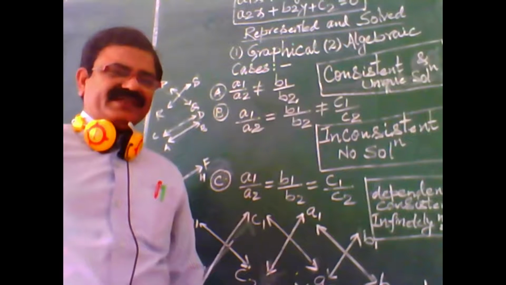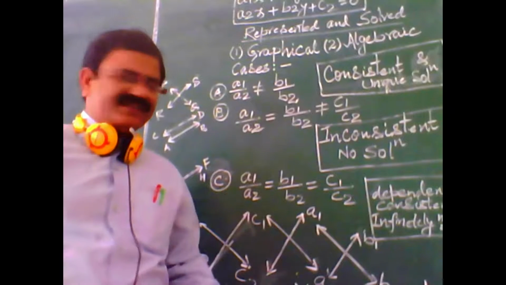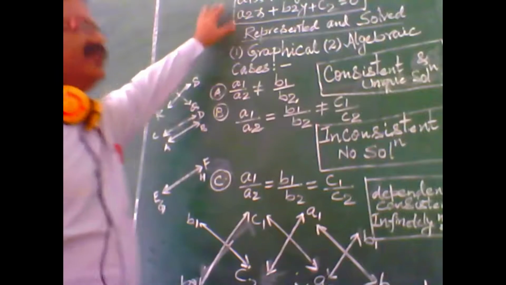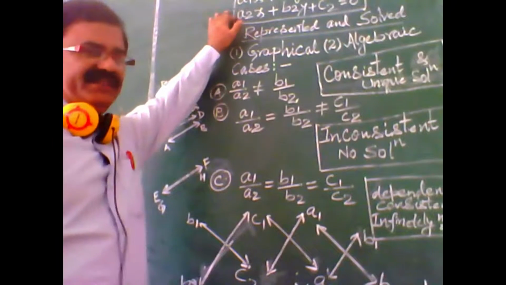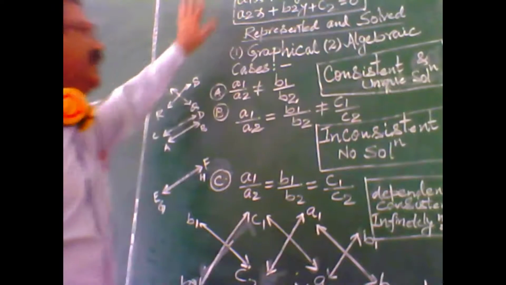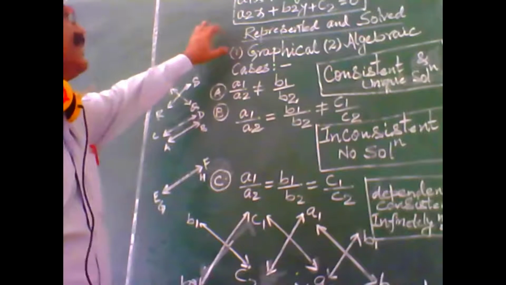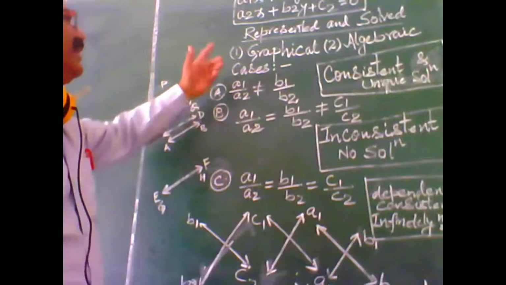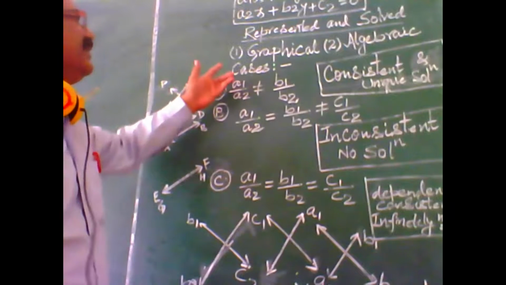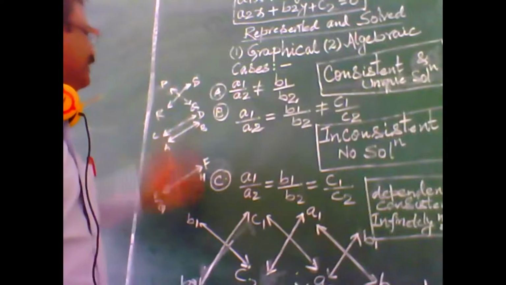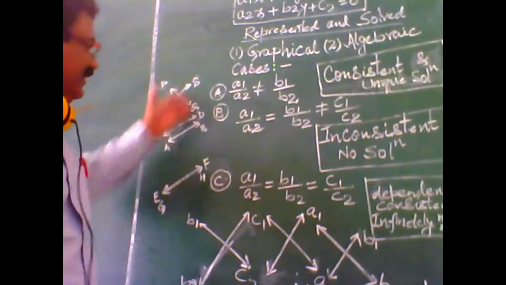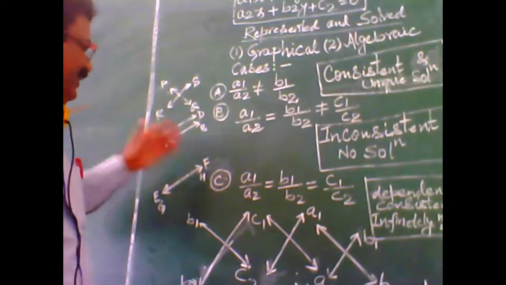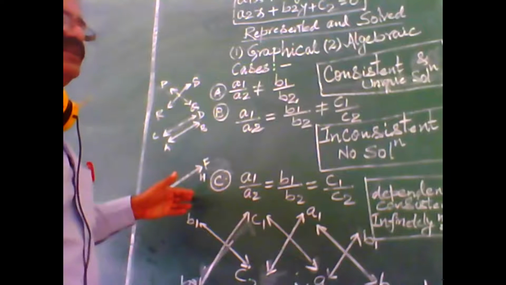And once again I want to revise that in this chapter there are only 2 linear equations in 2 variables, and there are 2 things: representation and solutions. Representation means we can represent by the algebraic method and the graphical method. In the graphical method you can draw the graphs. 3 cases will arise: either they intersect, or are parallel, or are coincident with each other.